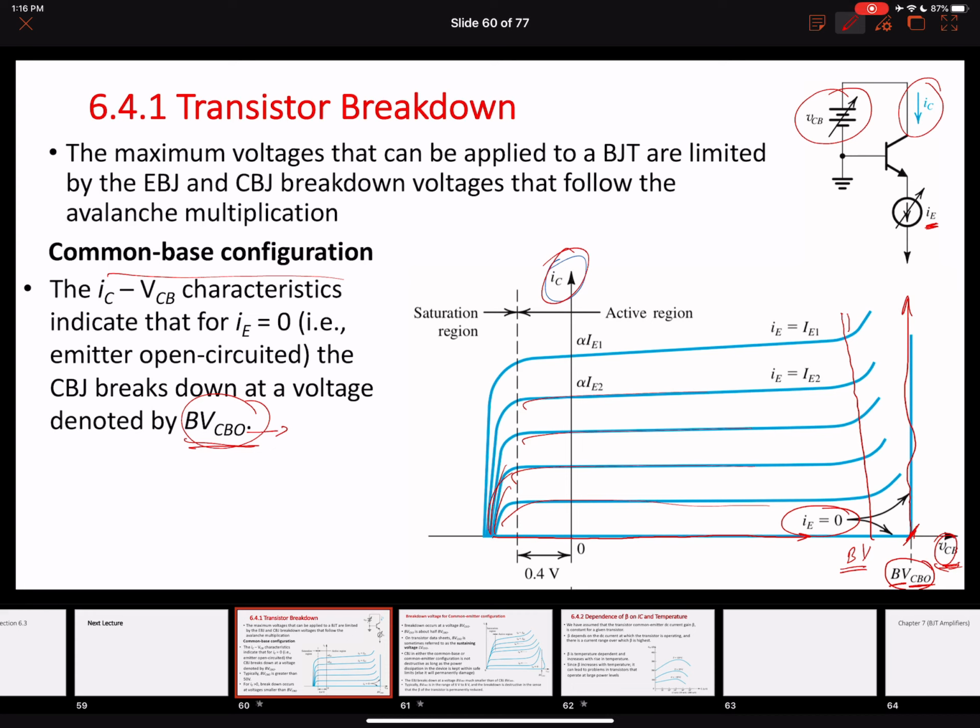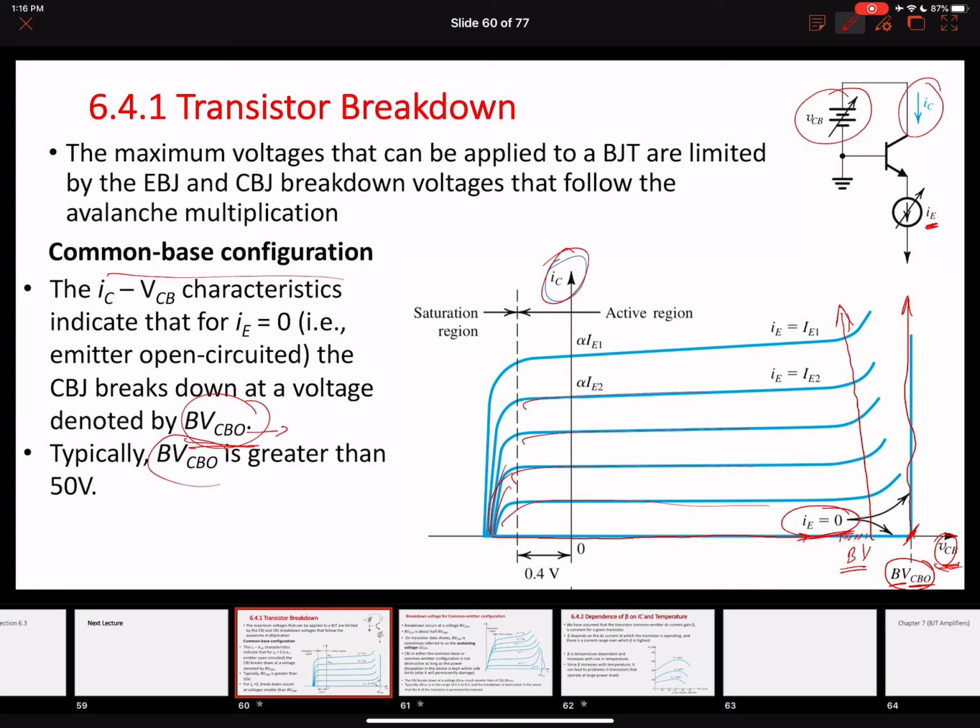Another thing you can realize is that for higher values of emitter current, when you do not have an open circuited emitter terminal but an emitter current flowing, the breakdown voltage reduces with the increase in the emitter current. We can see a slight decrease in the required breakdown voltage as the emitter current increases.